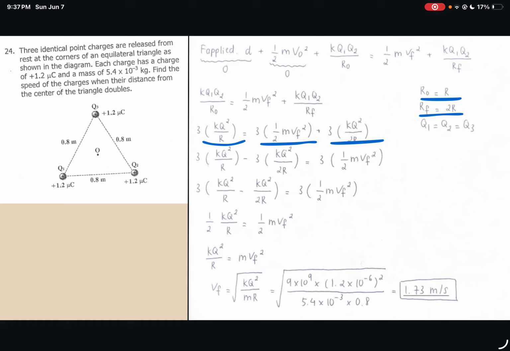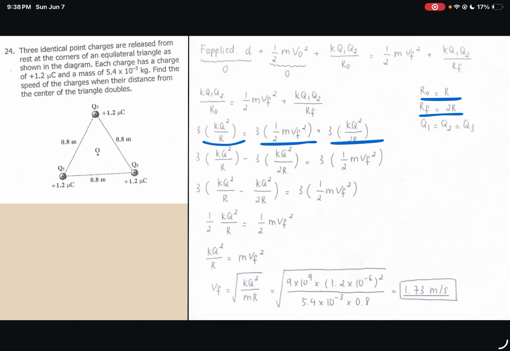Subtracting 3kq squared over 2r from both sides, we get 3kq squared over r minus 3kq squared over 2r equals 3 times 1 over 2m v final square. Put 3 outside, we get 3 times kq squared over r minus kq squared over 2r equals 3 times 1 over 2m v final square.